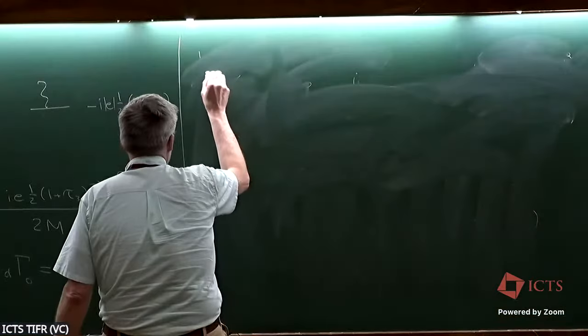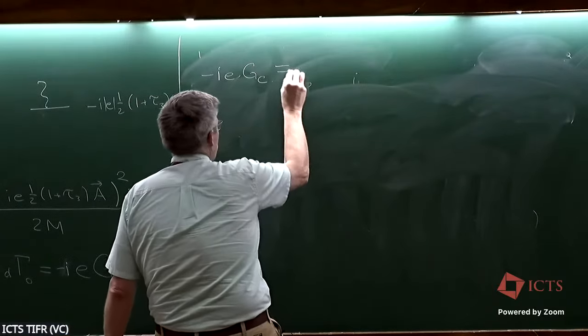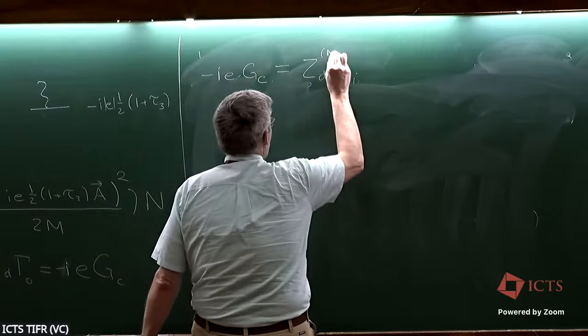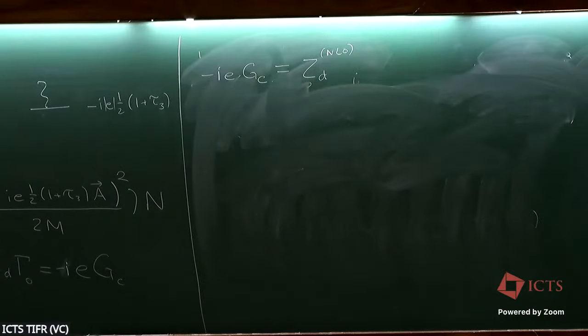So at NLO, we're going to have minus i e G_C is equal to Z_D NLO times this result with the extra factor of g squared.